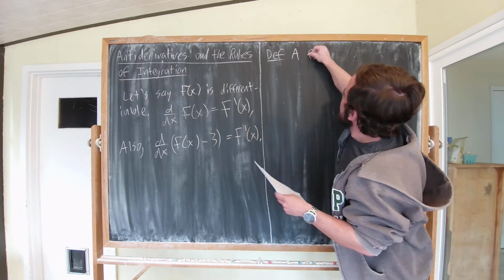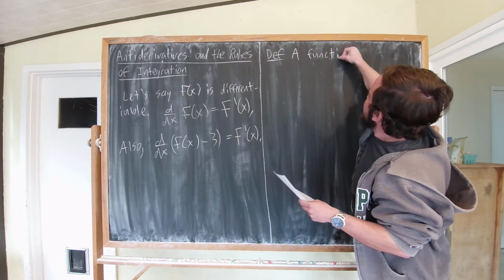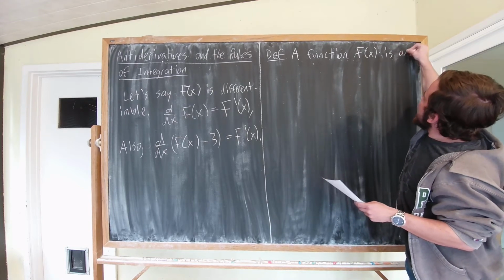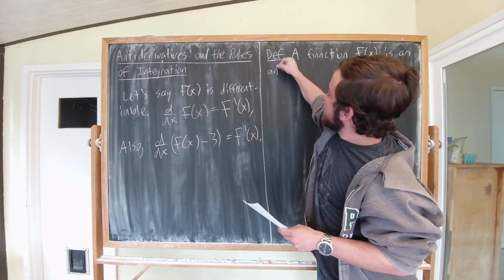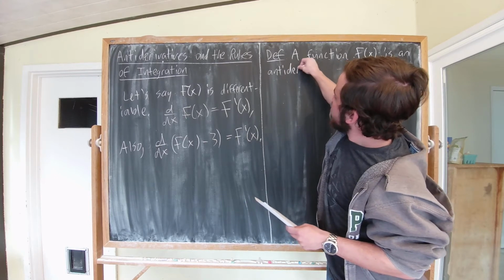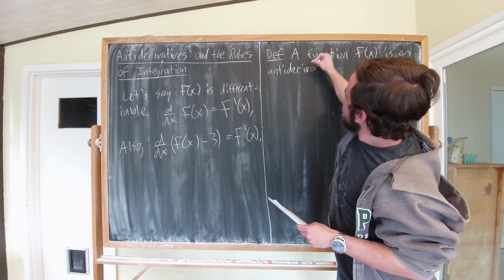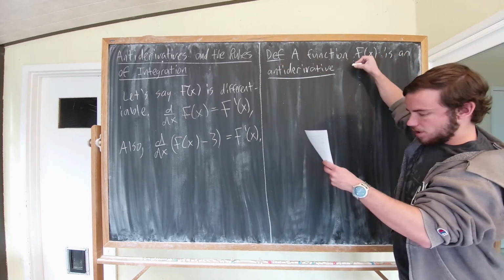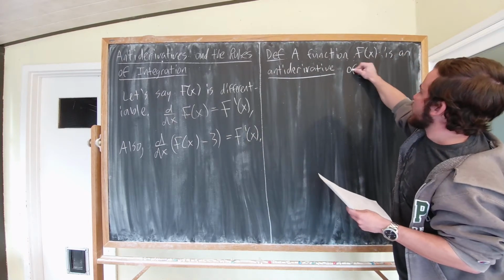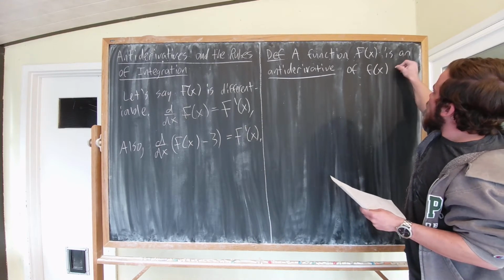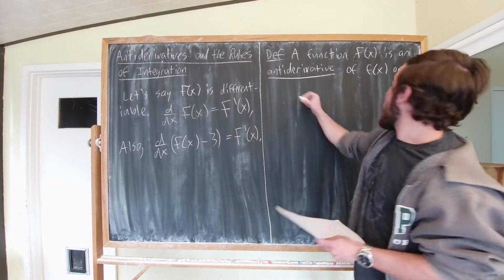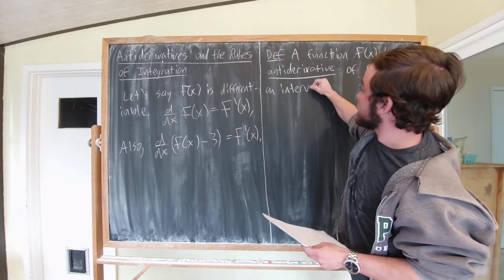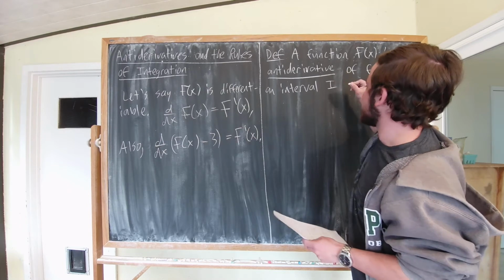A function capital F of x is an antiderivative of little f of x on an interval I. That interval could be all real numbers, often it is in this class, but it doesn't have to be.